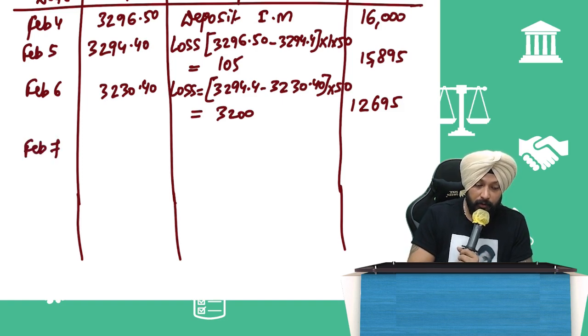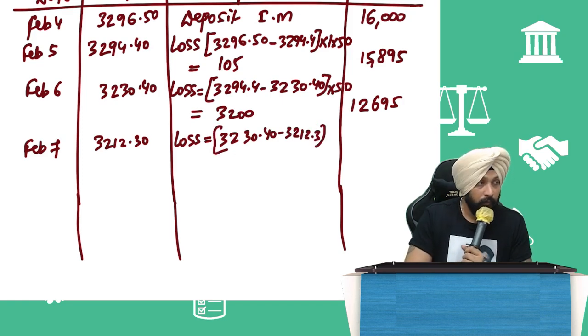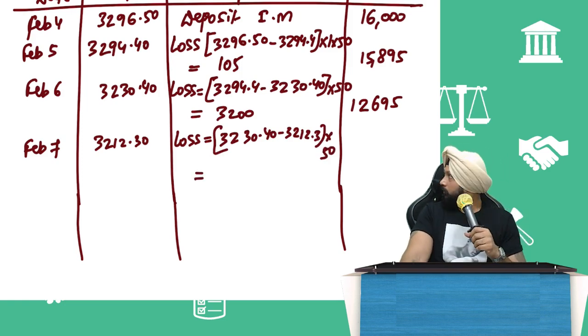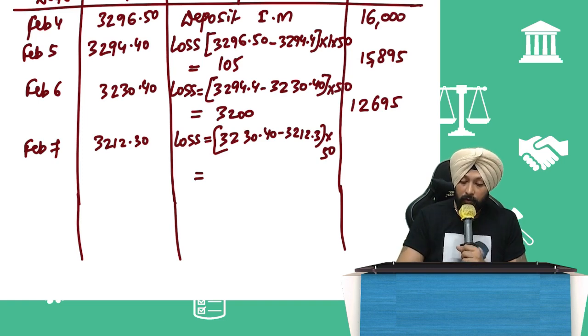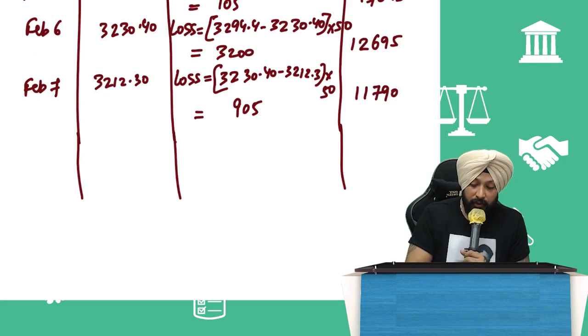Next is February 7, 3212.30. 3230.40 minus 3212.30 into 50, that is 905. So balance is 11,790.